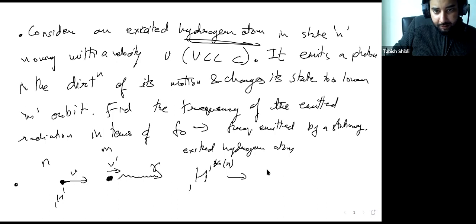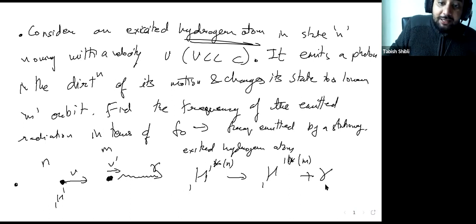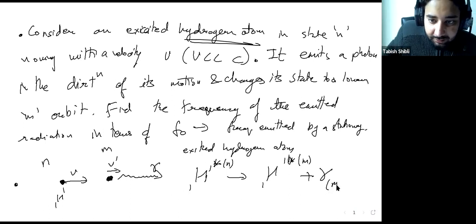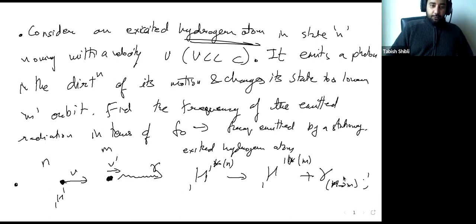It goes into another star state, another metastable state, the m state, plus gamma. Gamma that will be released will essentially be the release from n to m, because of this n to m process.